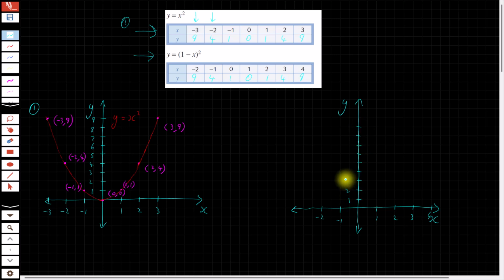Okay. So first point is x equals negative 2 and y equals 9.